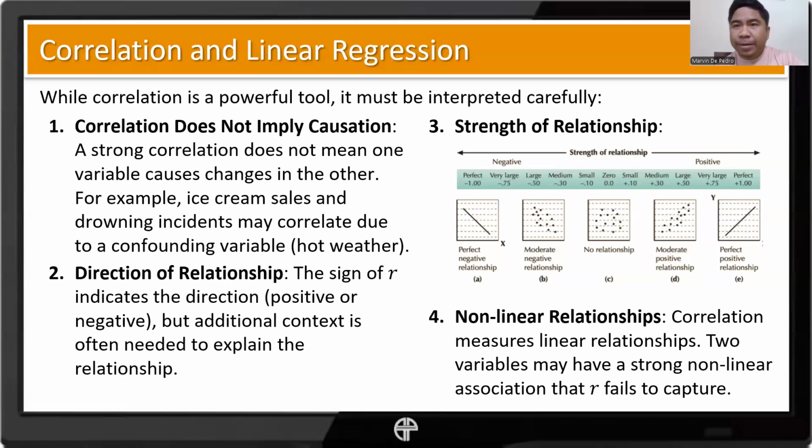As mentioned earlier, it depends on the magnitude, or the value, of R, which determines the strength of the relationship. If the sign determines the direction, the magnitude of R determines the strength.